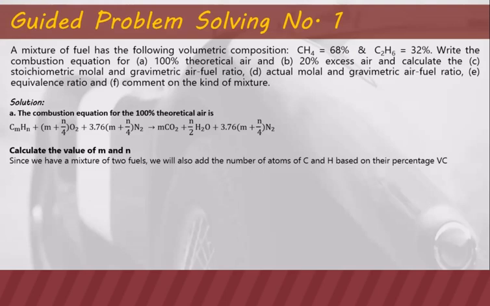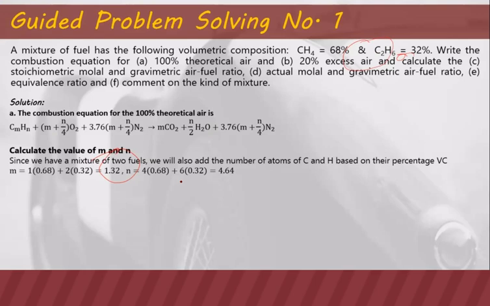So for the variable M, that is equal to 1 mole of carbon times 0.68, from the 68%, and then 2 moles of carbon from the 32% of ethane. That's why we have 1.32.